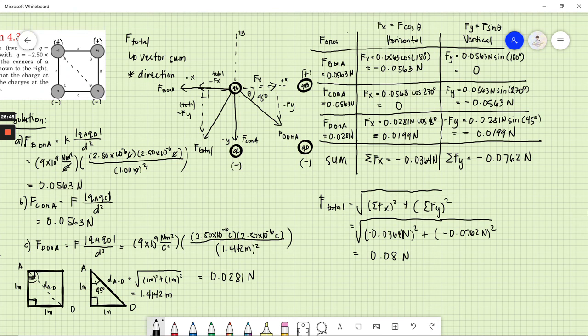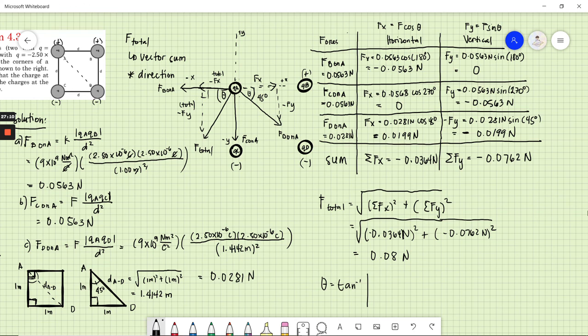But we're not done yet. We have to find this direction. And in order for us to find the direction here, we just have to use our angle equation. That's a tangent. So remember your trigonometry. In order to find the angle here, what I just have to do is divide. Tangent is TOA, opposite over adjacent.